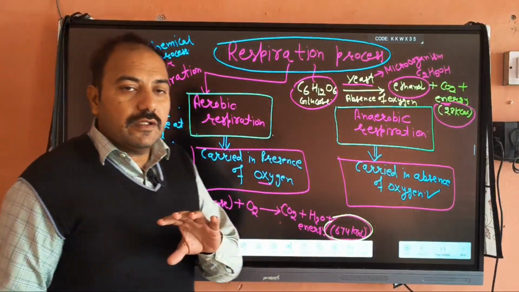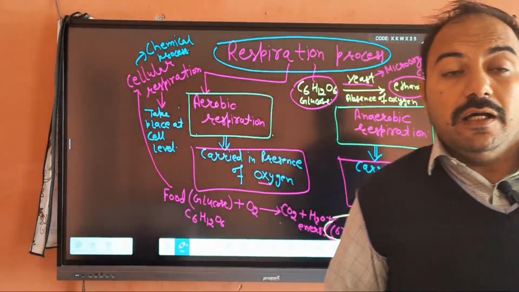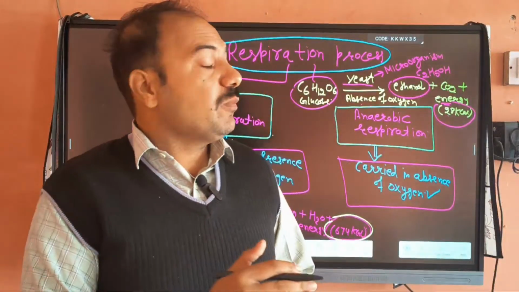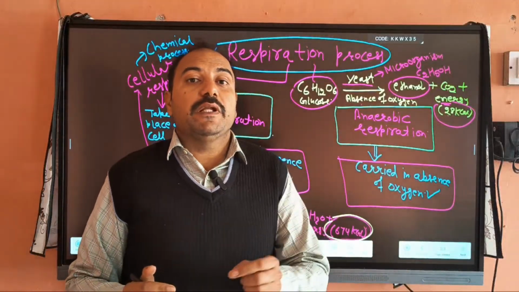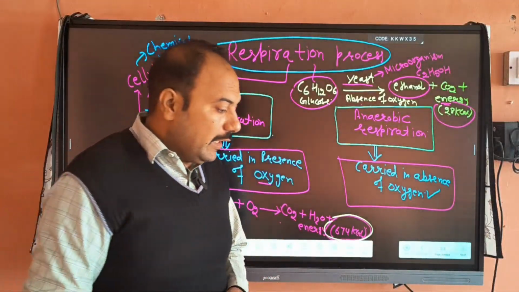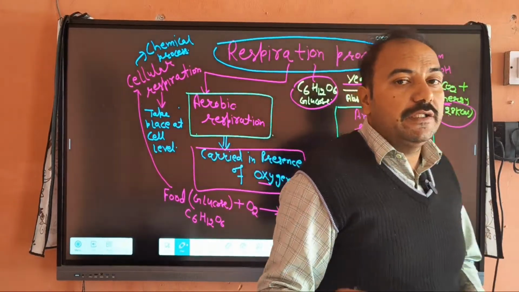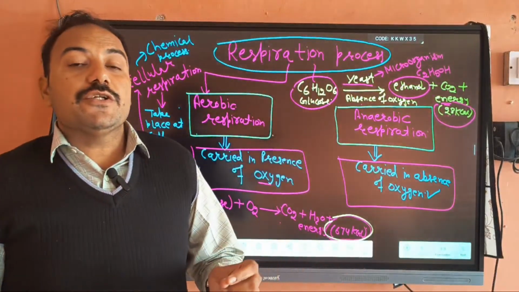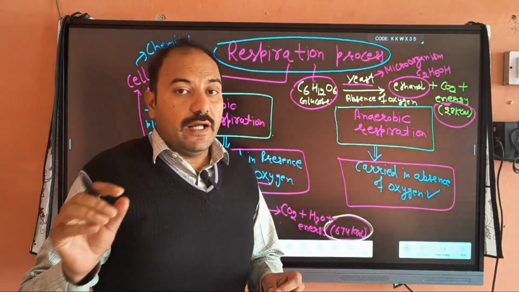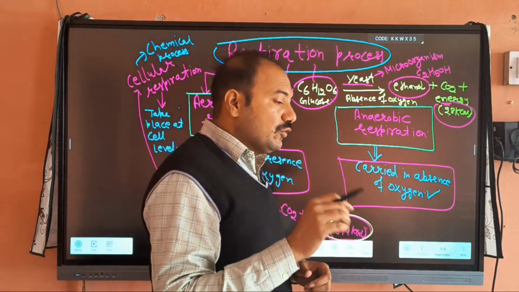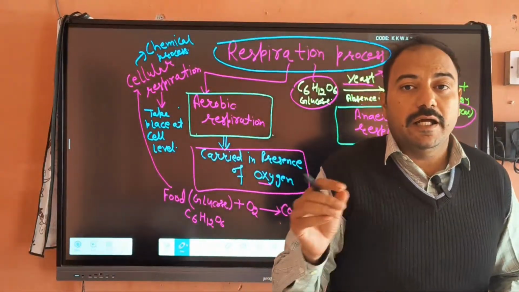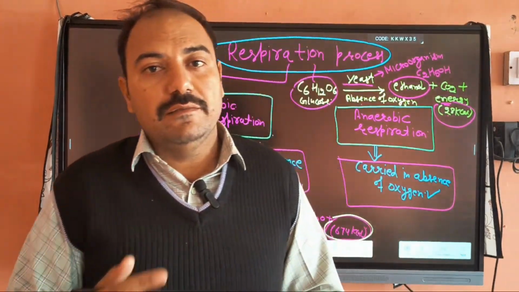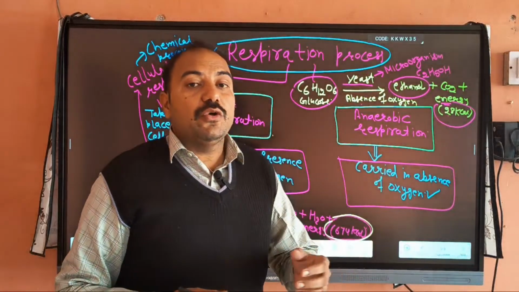If we compare aerobic respiration and anaerobic respiration: first, aerobic respiration takes place in the presence of oxygen, and anaerobic respiration takes place in the absence of oxygen. Second, aerobic respiration takes place throughout life, and the anaerobic process takes place at a certain time or in a certain organism, that is, it is occasional.